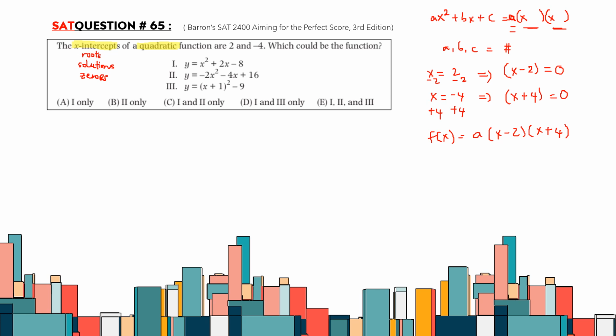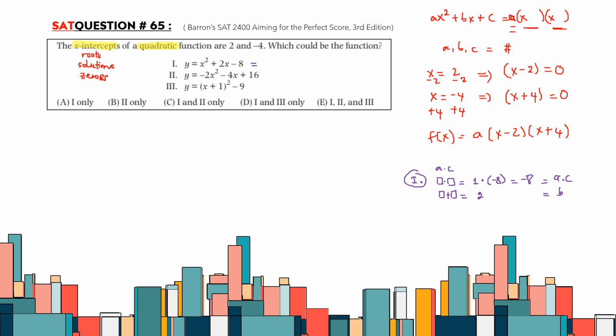Alright, so let's work on this one. Number 1: y equals x squared plus 2x minus 8. We use the AC method: two numbers that multiply to a times c, where a is 1, so multiply to -8, and add up to b, which is 2.